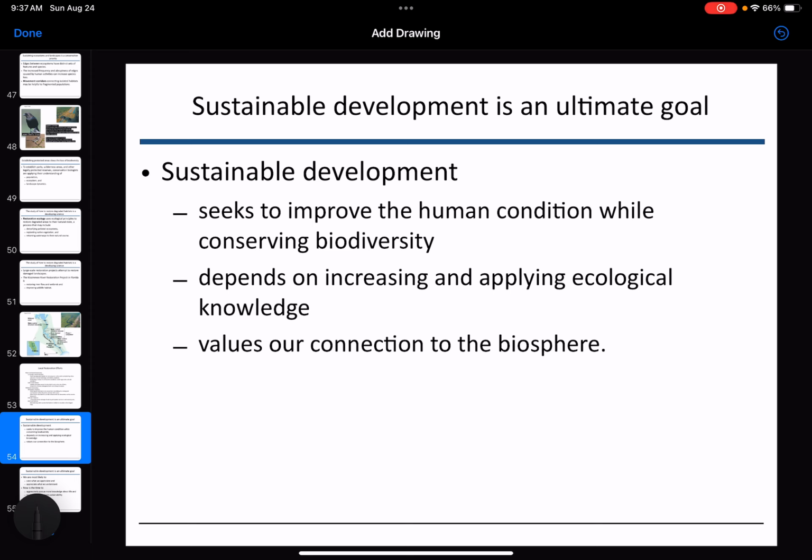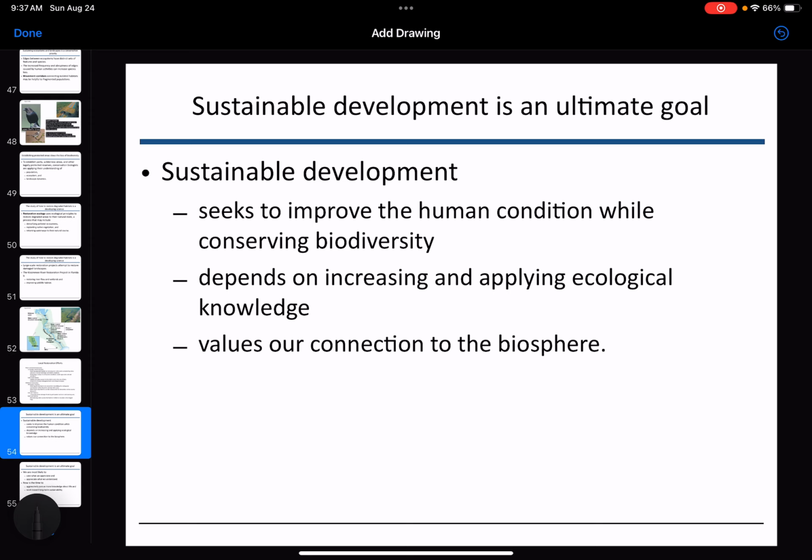So, how is it that we benefit from those conservation efforts, and how do we benefit in sustaining them? Well, we learned earlier that by conserving ecosystems, there are some services that we benefit from, right?